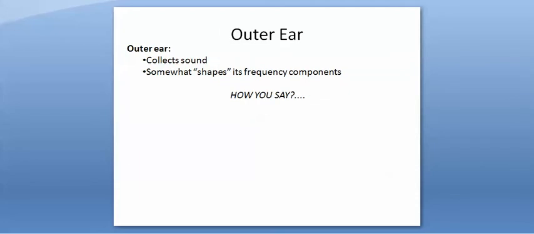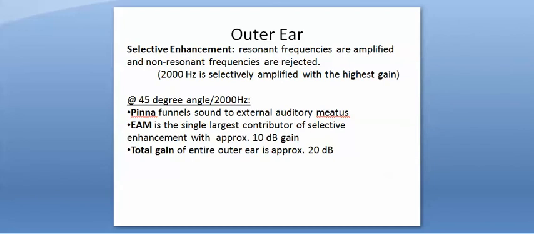All right, to begin, the outer ear collects and shapes the sound, and it does this through selective enhancement. So the outer ear has resonant frequencies that are more amplified when they reach the ear, and non-resonant frequencies that are rejected when they meet the ear.